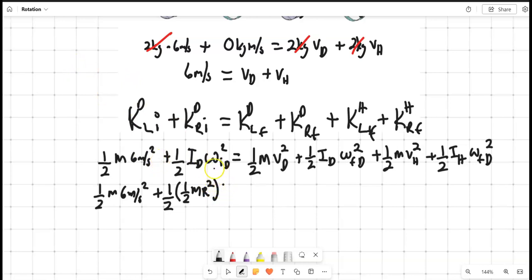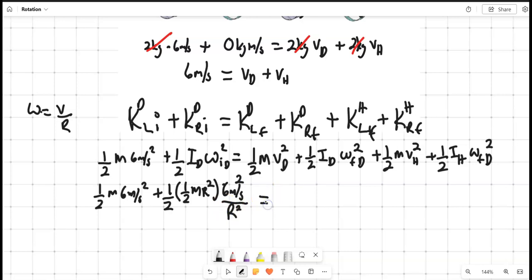The angular velocity, again, just to remind you, is equal to the linear velocity divided by the radius. So this angular velocity of the disk is going to be equal to 6 meters per second squared divided by the radius squared.